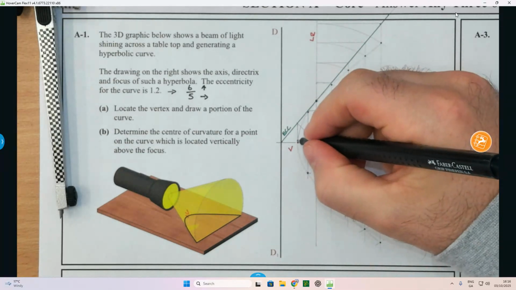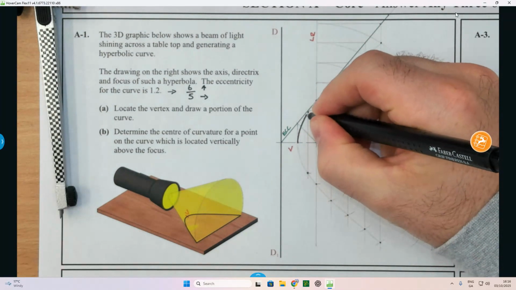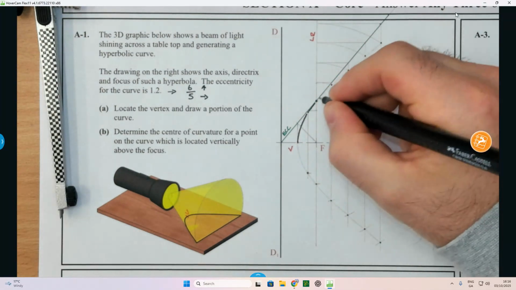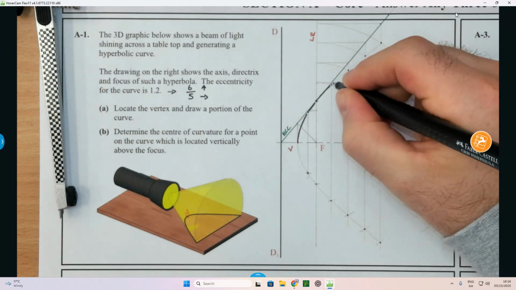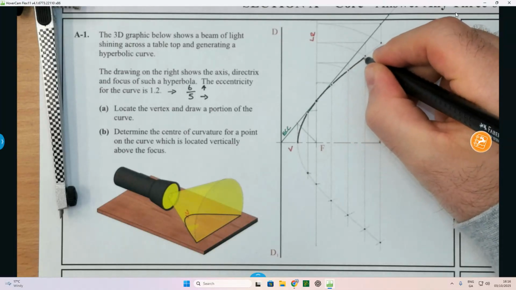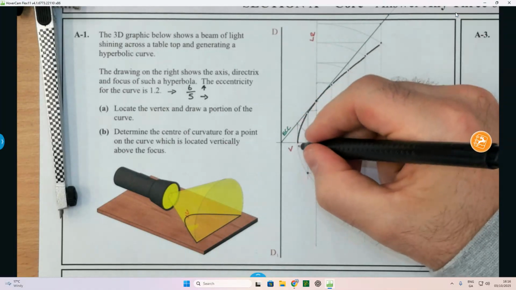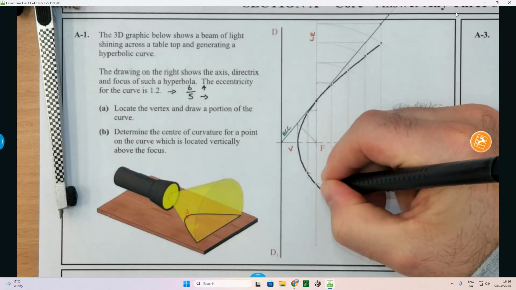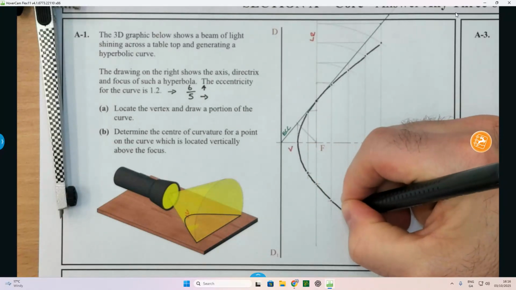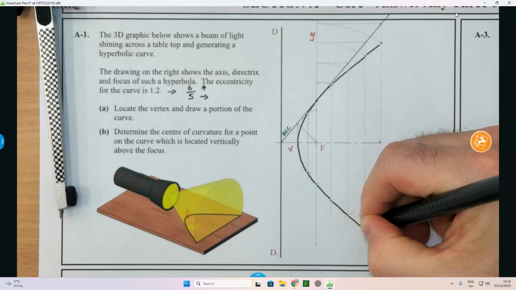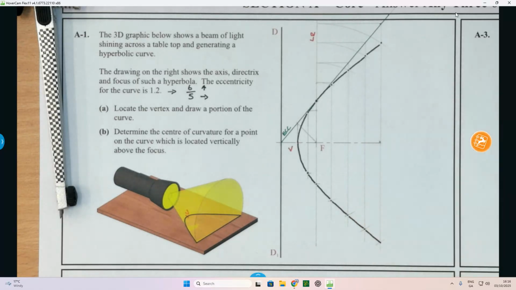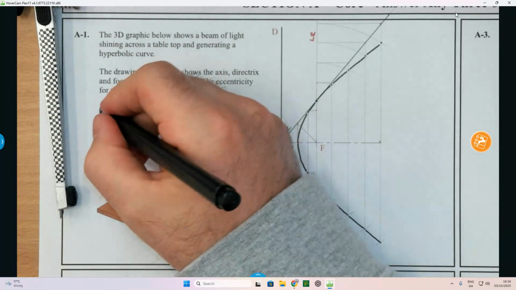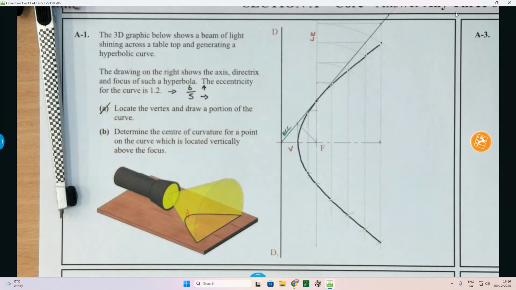Excuse me, and we pop that in there. So that there is my hyperbolic curve. Now obviously on the day of the exam, I'll be using a pencil, just for the purpose of the video, using a little marker. So part A of the question is done there.